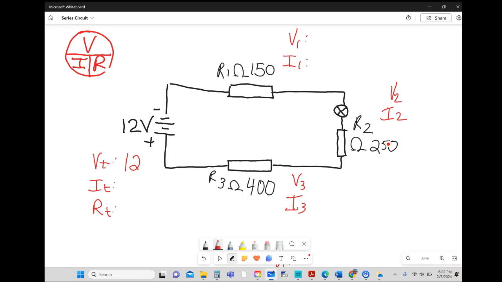Again, what does that look like? 150 plus 250 is 400. 400 plus 400 is 800. So that's fair enough. That's pretty easy, right? 800 is my total.